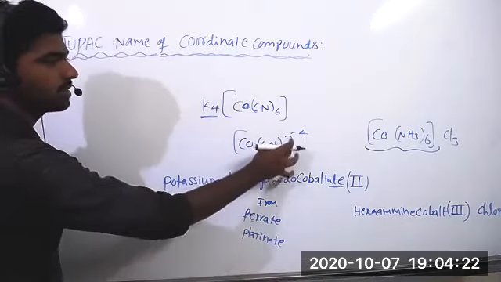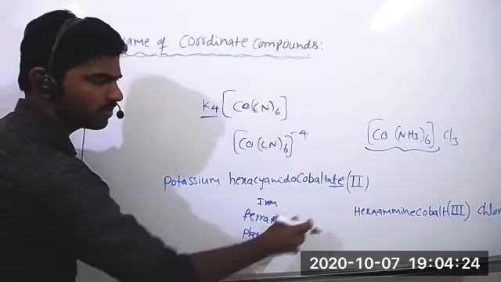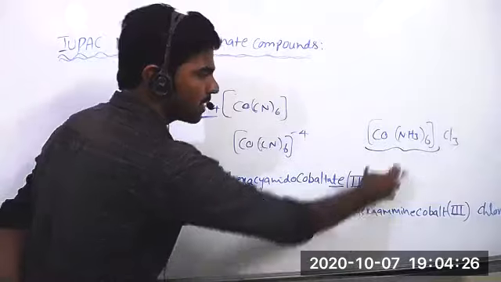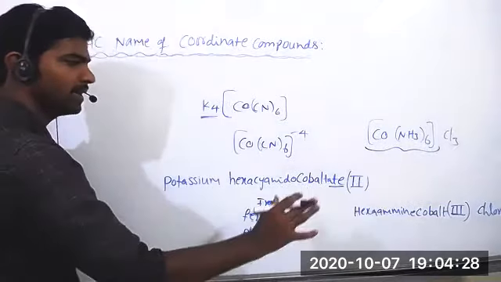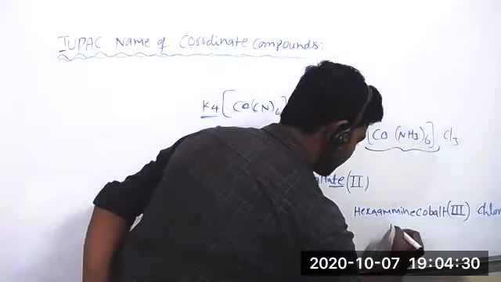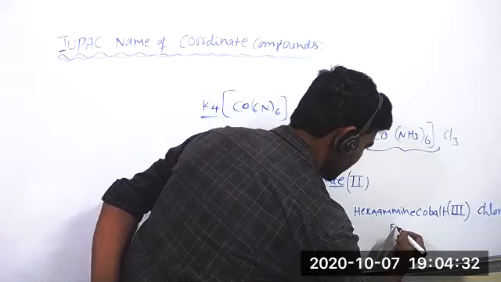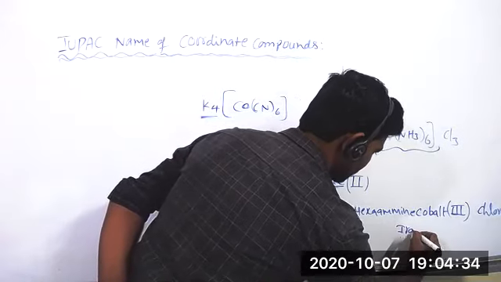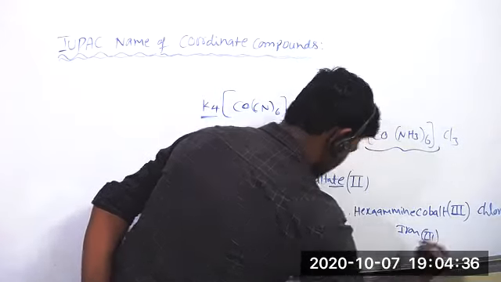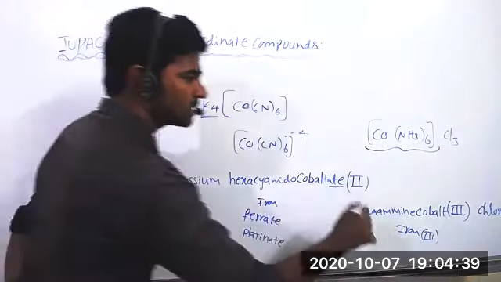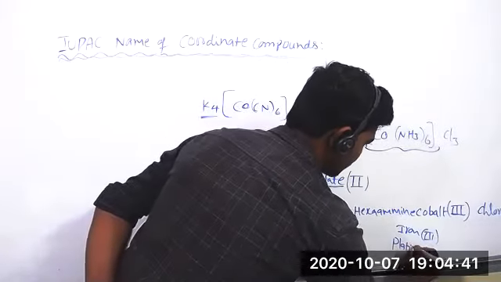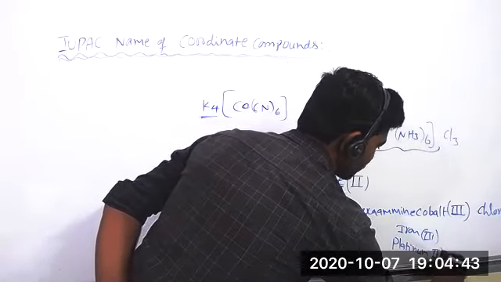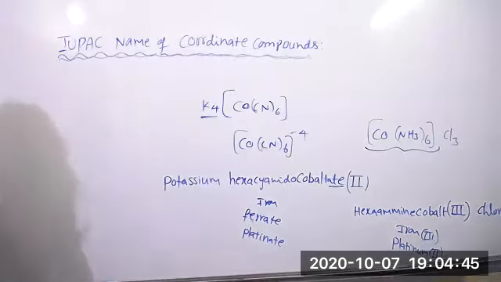Suppose platinum is in the anionic part, we write platinate. Suppose these metals, iron and platinum, are in positive complexes, we write simply the name, iron, and suppose +3 oxidation state. Platinum, we write just platinum, platinum(II). So this is the way of giving IUPAC names.